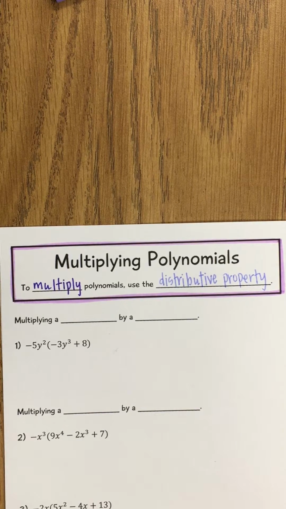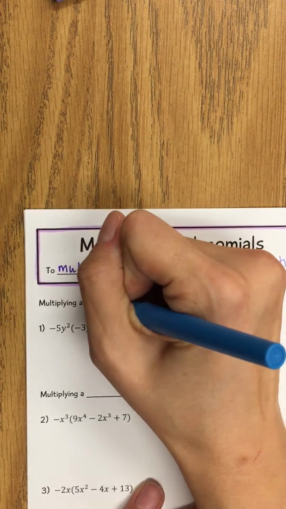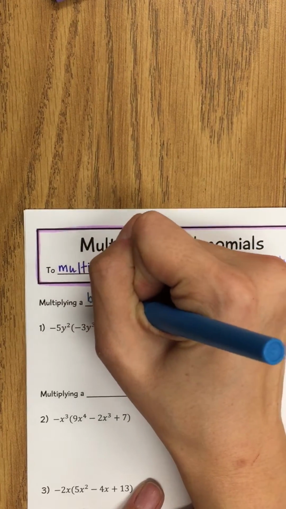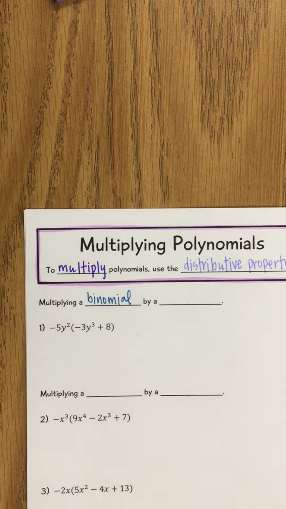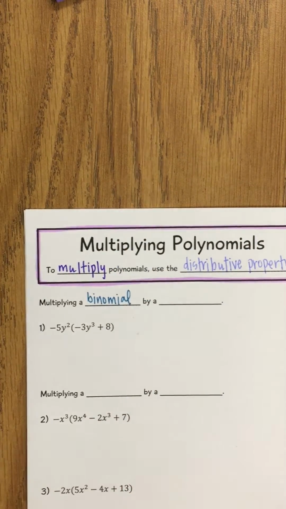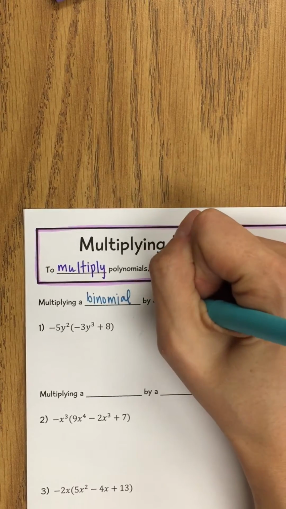We are going to multiply a binomial by a monomial.